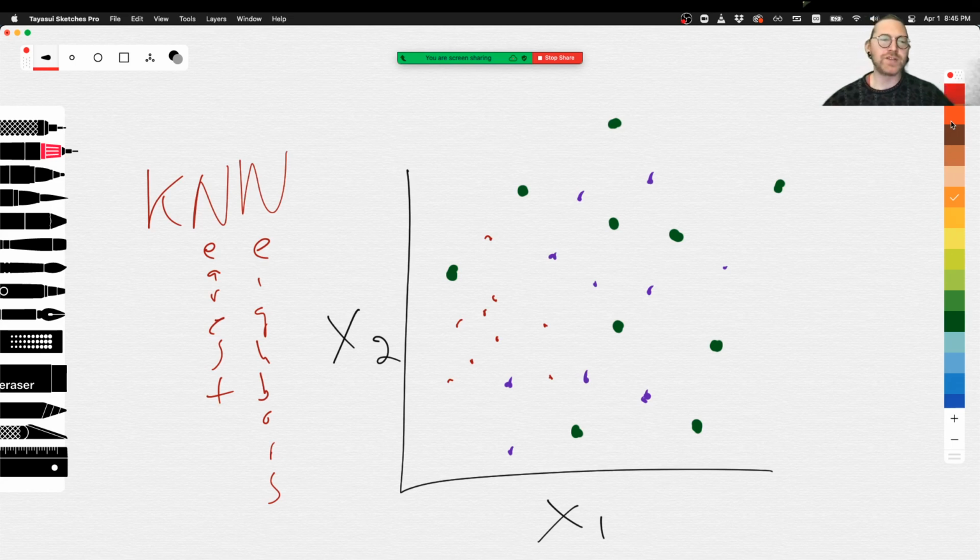Okay. So what KNN is going to do is for every one of these items, it's going to try to classify that item based on the k nearest neighbors. So if we look at this point right here, and we have a k of 3, let's say we have a k of, I'll put it down here, k of 3, then we're going to look here, here, and here.